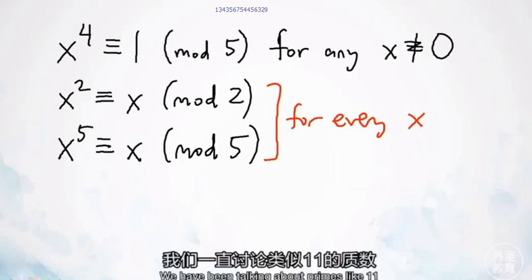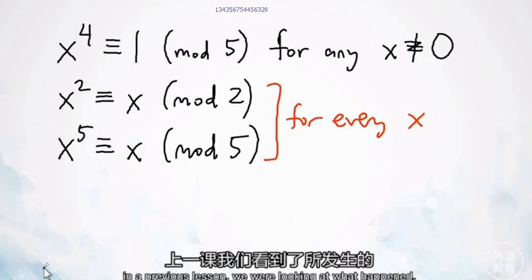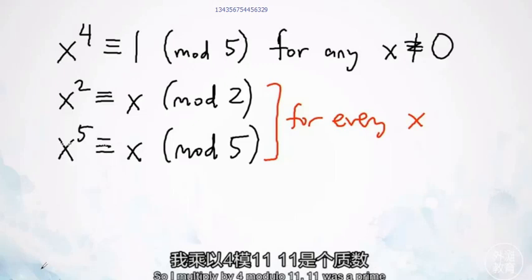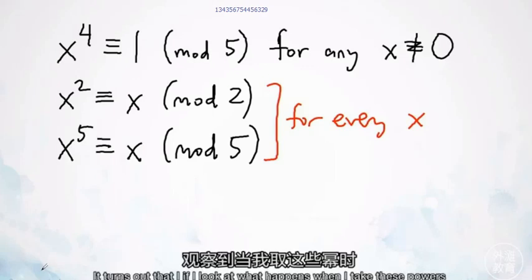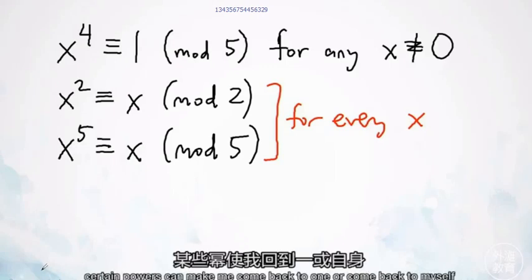We have been talking about primes like 11. In a previous lesson, we were looking at what happens when I multiply by 4 modulo 11. 11 was a prime. And here I have 2 and I have 5. Those are also all primes. It turns out that if I look at what happens when I take these powers, certain powers can make me come back to 1 or come back to myself.